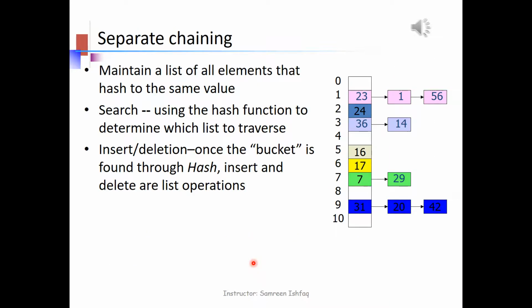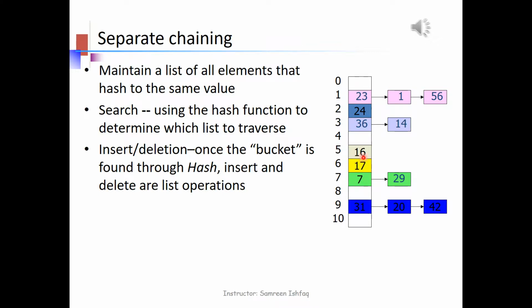The first method that is used to handle collision is separate chaining, in which all the elements that map into the same slot in the hash table will maintain a list. It's like a singly linked list that contains all the elements that hash into the same bucket or same slot. Like if the user wants to insert 49 in this table, the total size of the table is 11, 0 to 10. 49 mod 11 is equal to 5.